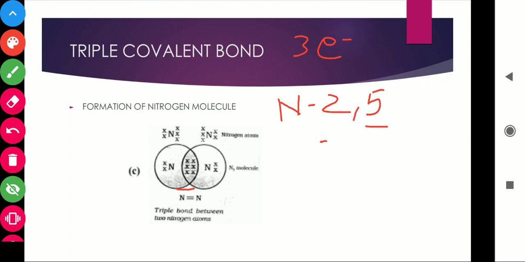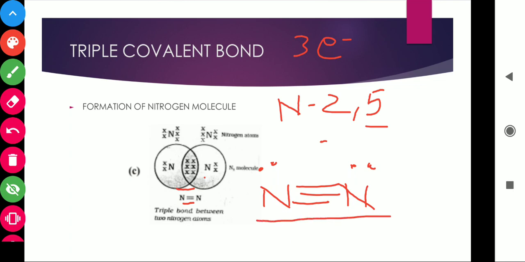In this way the nitrogen molecule is formed. And how can we write it? N triple bond N. Here after sharing of 3 electrons, 2 more electrons remain, which we can represent like that. This is an example of a molecule having a triple covalent bond.